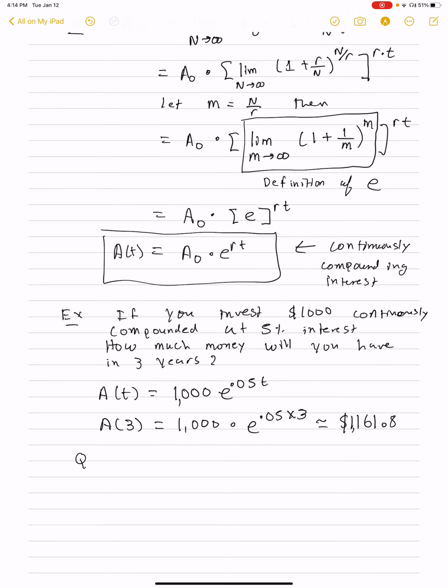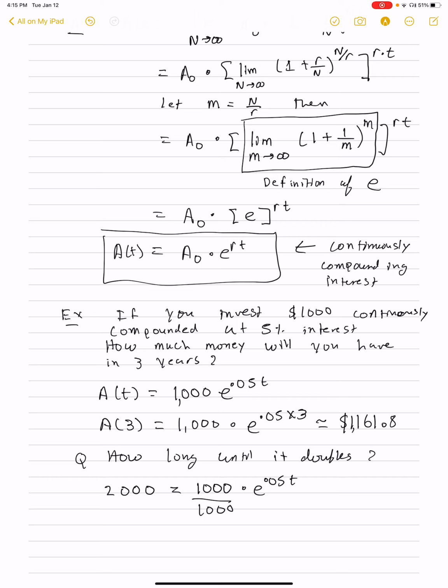Okay. And you might ask another question. How long until it doubles? For it to double, you'd have to get $2,000 from your starting amount of 1,000, hence the doubling, times e to the 0.05 times t.